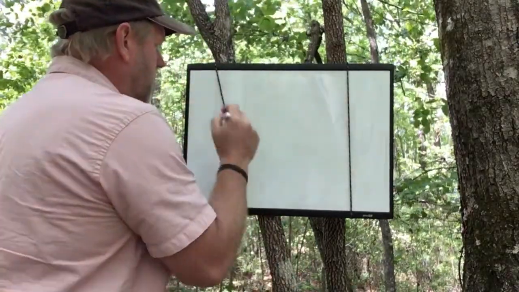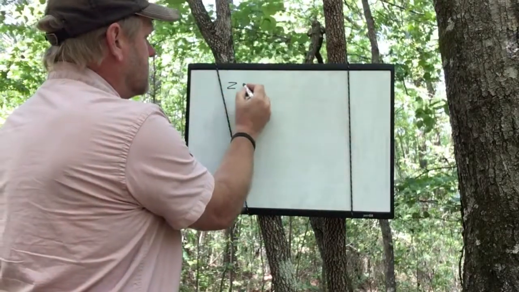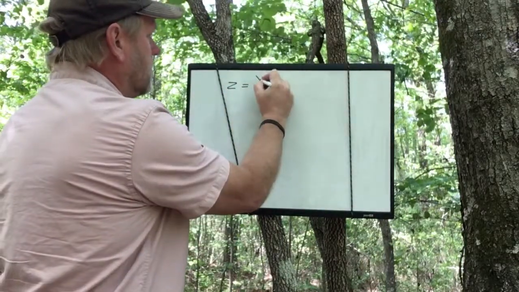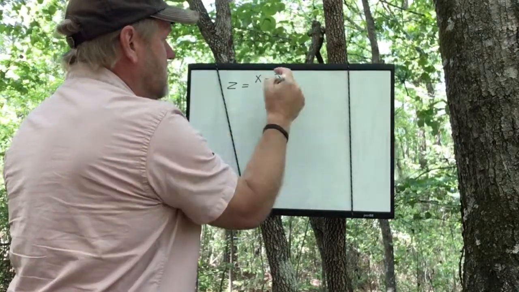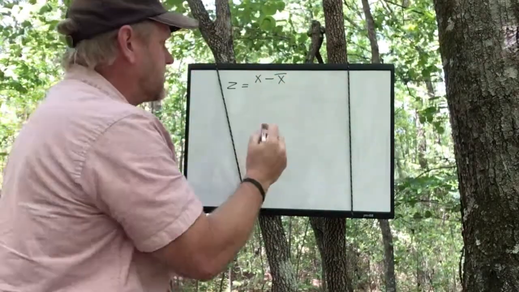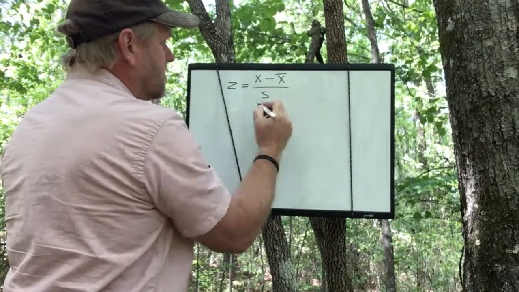So the formula for calculating the z-score is z is going to be equal to our data point minus the mean, remember that's x bar, divided by the standard deviation.